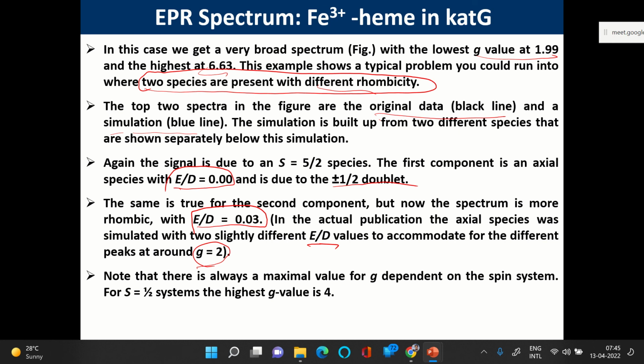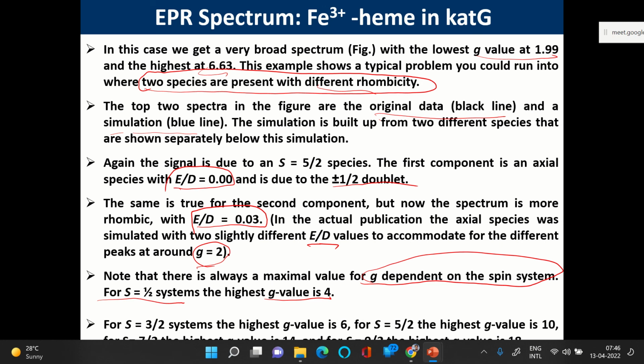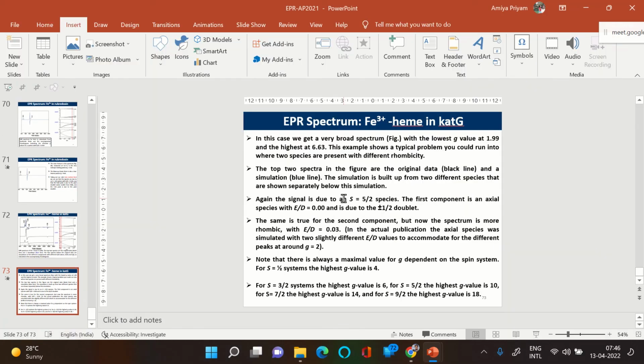So there is also a limit. Now in the last part we are talking about g being dependent on the spin system, but there is a highest that we can obtain for S equal to half system, which is 4. Similarly, for S equal to 3 by 2 system, highest g value is 6.